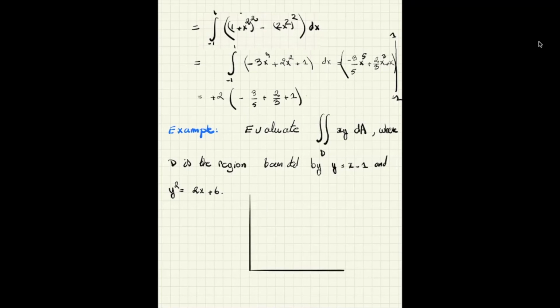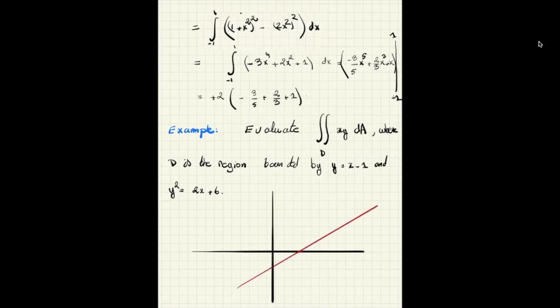Okay. So this region here is given by some. So here we have a function that is a linear function, which goes from the point 1, 0, right? That's the first one.